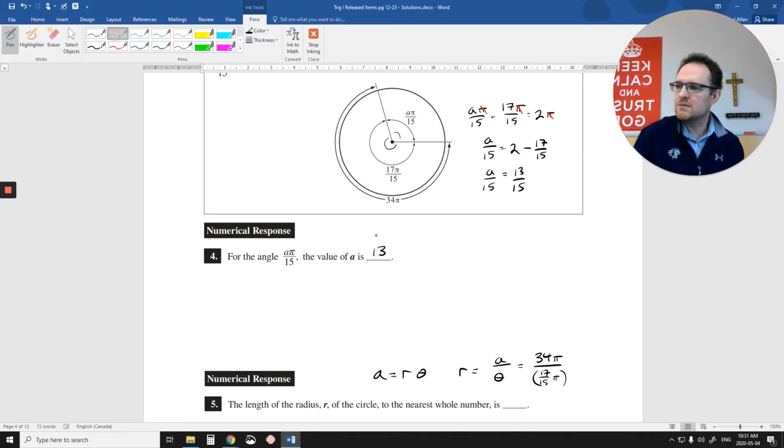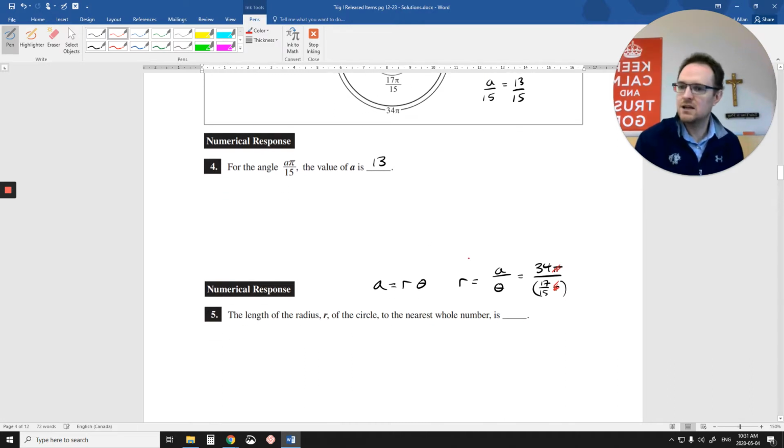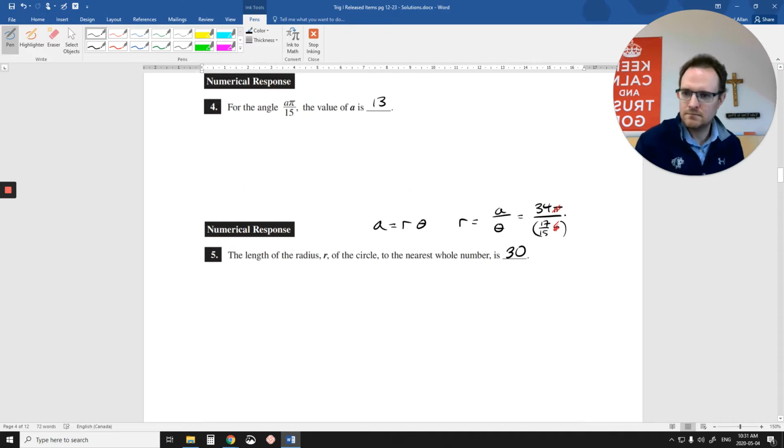So again, because I'm dividing both these by pi, I can get rid of the pi's. So it's really just going to be 34 divided by 17 over 15. So it ends up being exactly 30 units, whatever. It ends up being exactly 30. Cool.